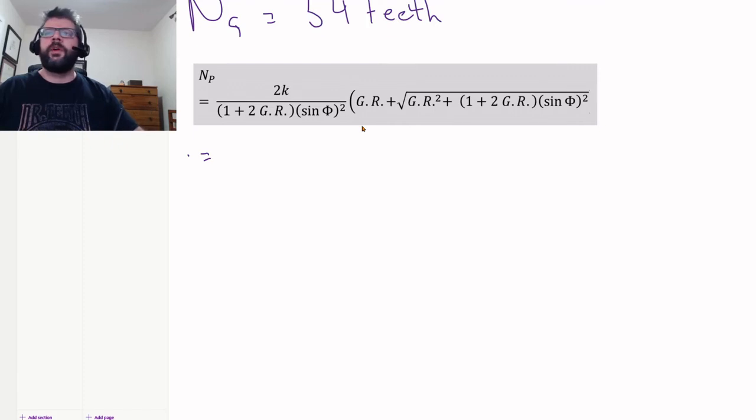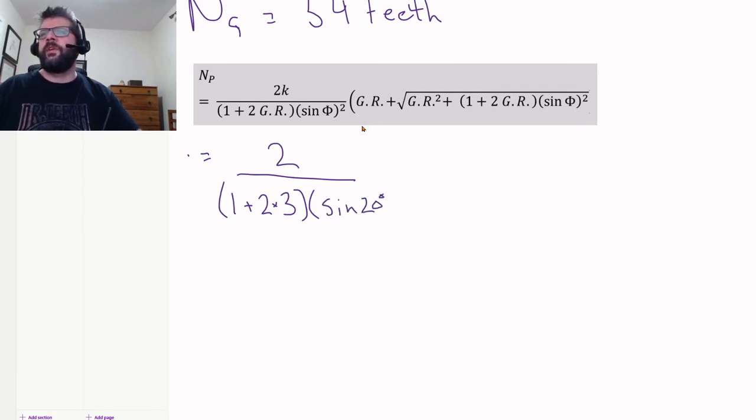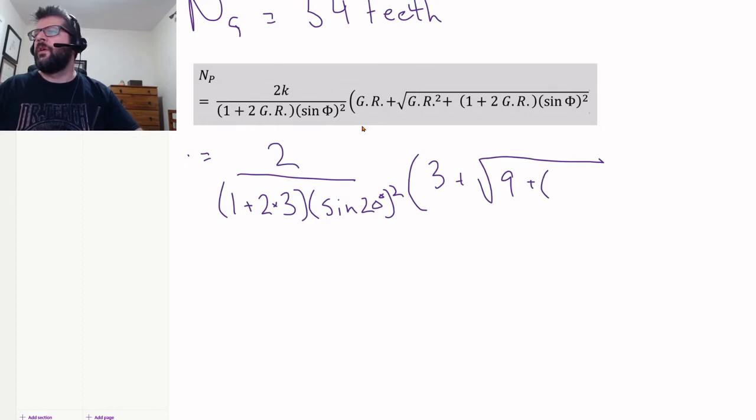So 2 over 1 plus 2 times our gear ratio of 3, times sine of 20 degrees squared, times our gear ratio of 3 plus the square root of our gear ratio of 3 squared, so 9, plus 1 plus 2 times gear ratio 6 times the sine of 20 degrees squared.